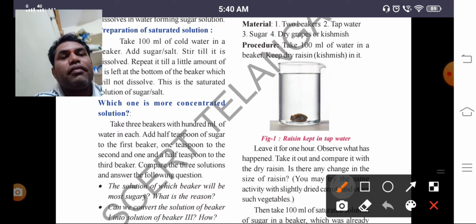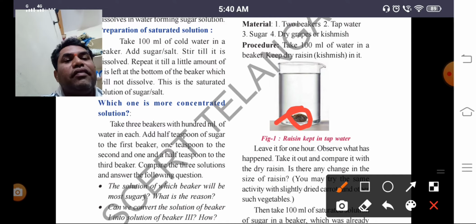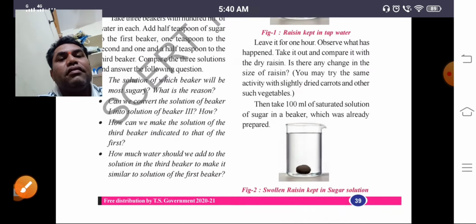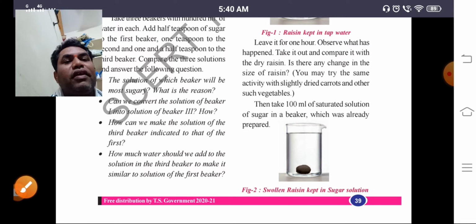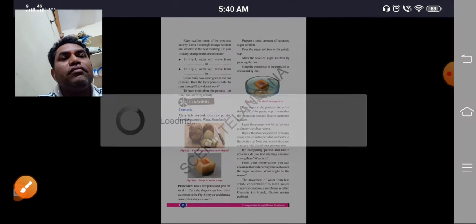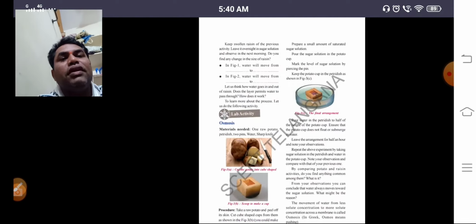The size decreases, whereas in figure 2 the size of the kismis is increased. So here two questions are there.